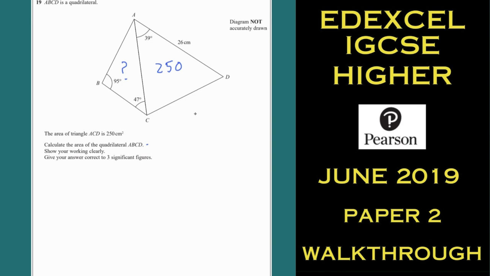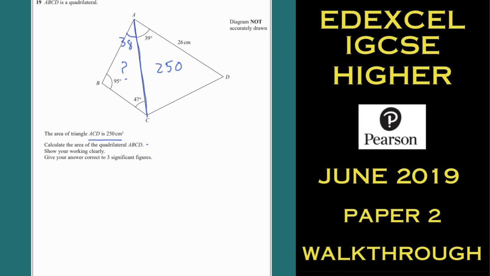Well, we've got two angles in a triangle, so we do actually know the third. That may or may not come into play. But whenever you've got two adjacent triangles, the key is always find the length of any common sides. So how the heck are we going to find that?